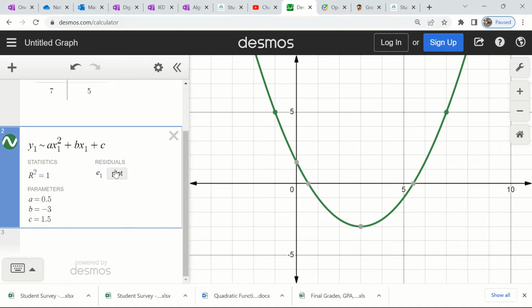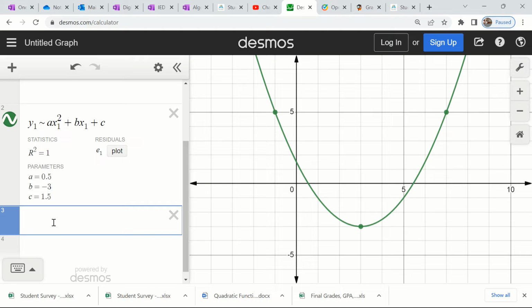Now, what's really cool about Desmos is that you're not restricted to just standard form. You can do your regression in other forms as well. So down here in line 3, we will do a regression from vertex form. If you look at the parabola over here, we can see where the vertex is. So hopefully our regression will corroborate that.